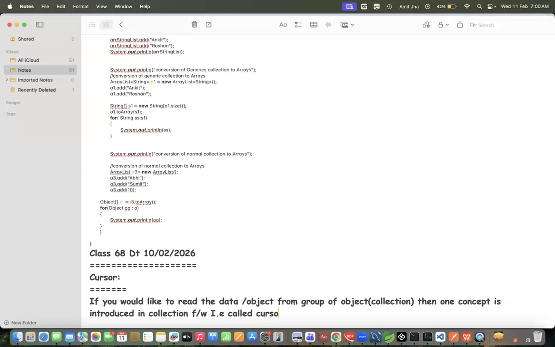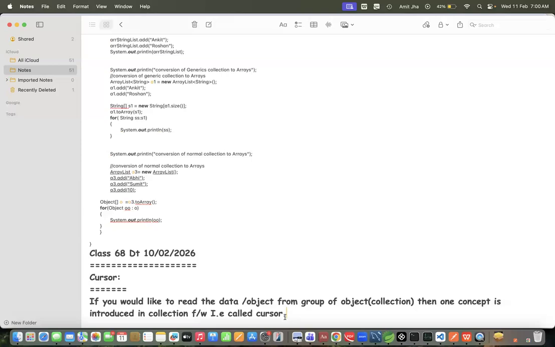So you cannot say only cursor is there by which we can read data. We have other options also, like the for each loop. But how are we going to use cursor? This question may arise from the interviewer. What is cursor? What is the need? You can say if you have a collection of data or group of objects and you would like to read data from it, then you can use cursor.